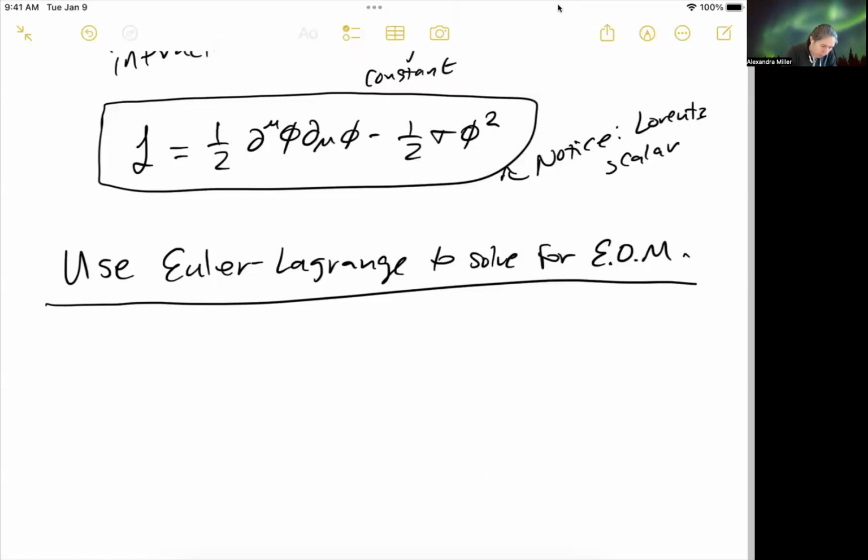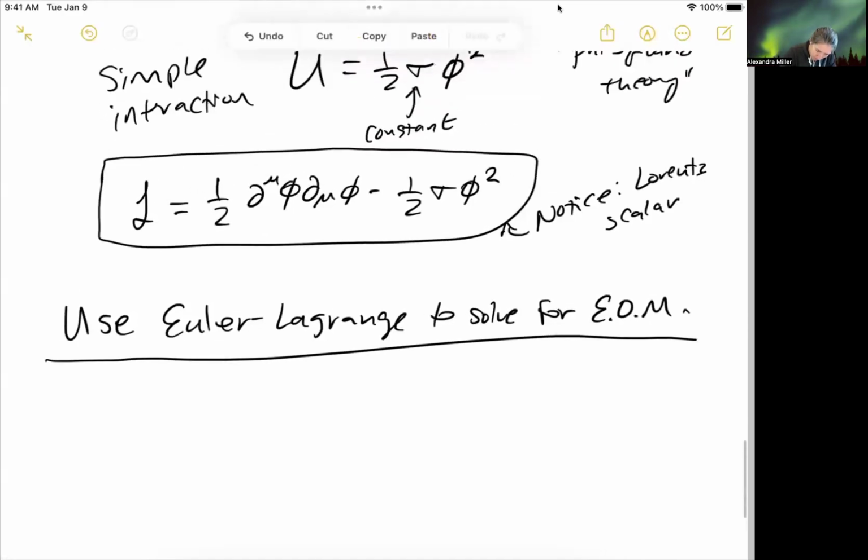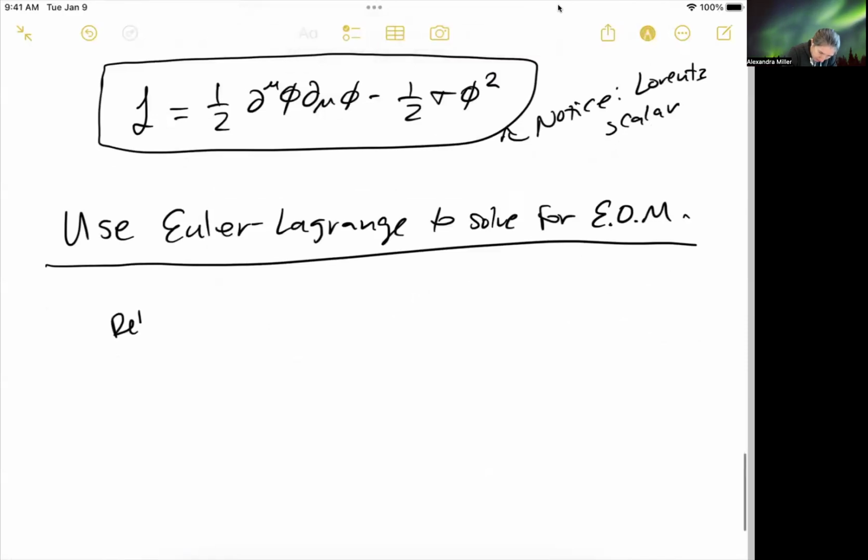So first of all, what does our Euler-Lagrange equation look like in this field theory? So our relativistic Euler-Lagrange equation. Because again, the Euler-Lagrange equation has that time derivative that's pulled out. This thing doesn't look like it's treating space and time on equal footing.